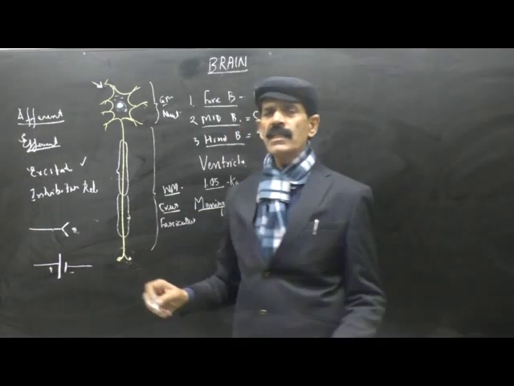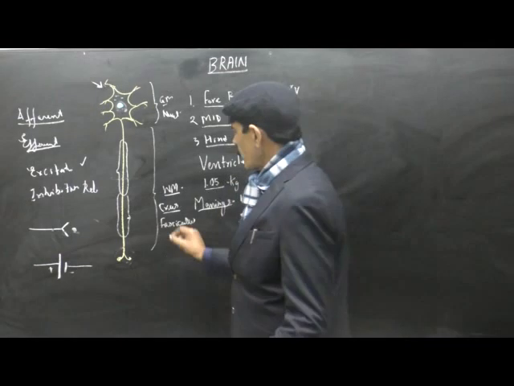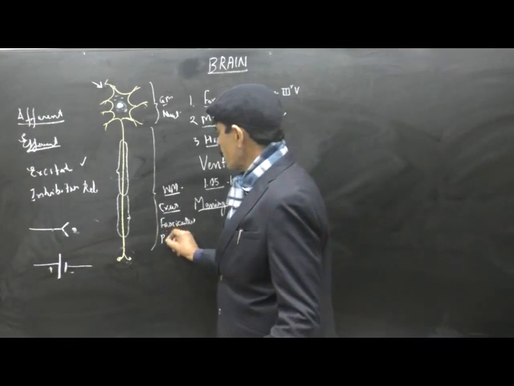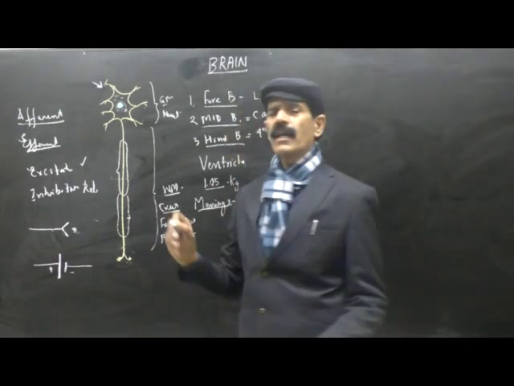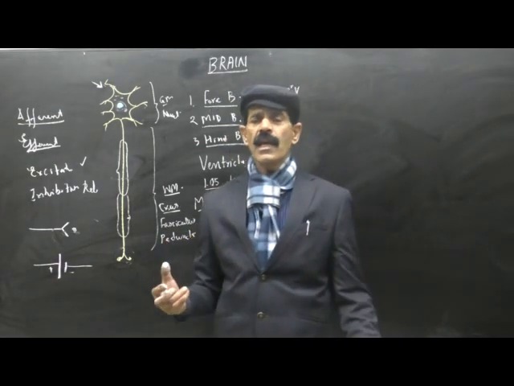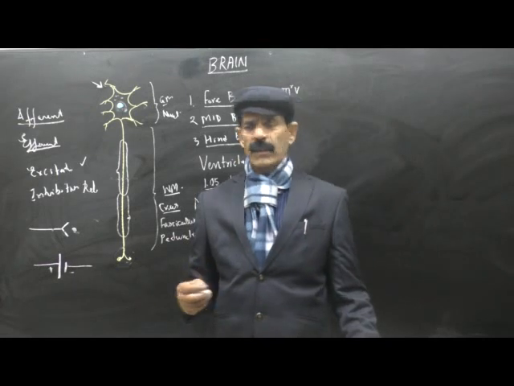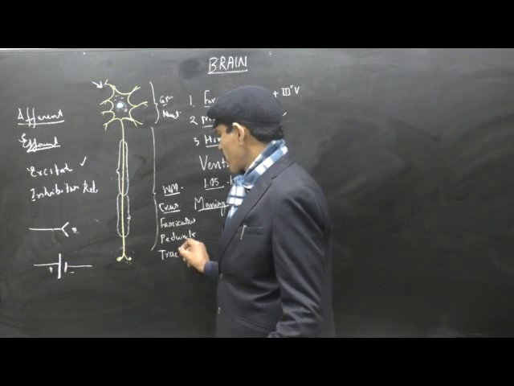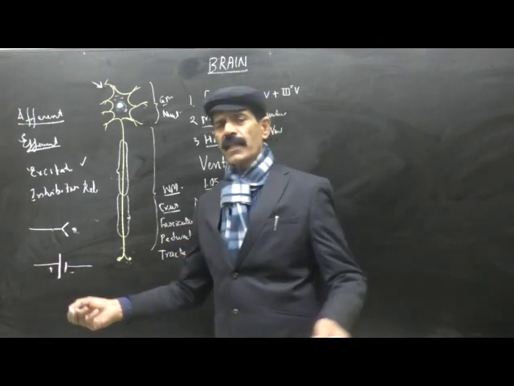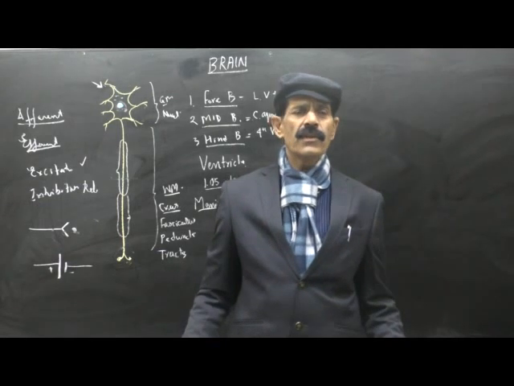Again, fasciculus means bundles and bundles of axons or nerve fibers. Then we also sometimes use peduncle. Again, the meaning of peduncle is the bundle of axons or nerve fibers. Then we also use the word tracts. So tracts again means bundles and bundles of axons or nerve fibers.